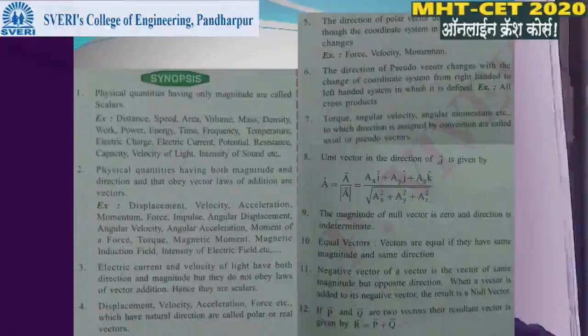In that synopsis, physical quantities having only magnitude are scalars. And what are the examples of scalar quantities?